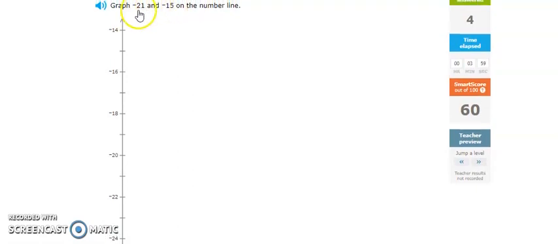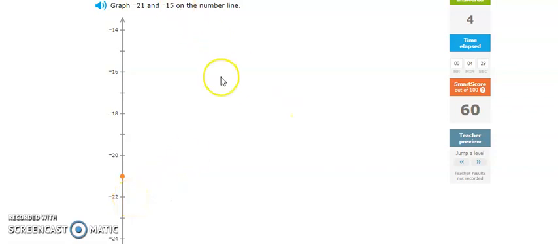So if I'm going to first graph my -21, I know it's probably going to be close to -20, and I think, okay, is it going to be below, or is it going to be above -20? Well, -21 is smaller than -20, so it's going to be here, between -20 and -22. I think, oh, that makes sense to have -21 between -20 and -22.